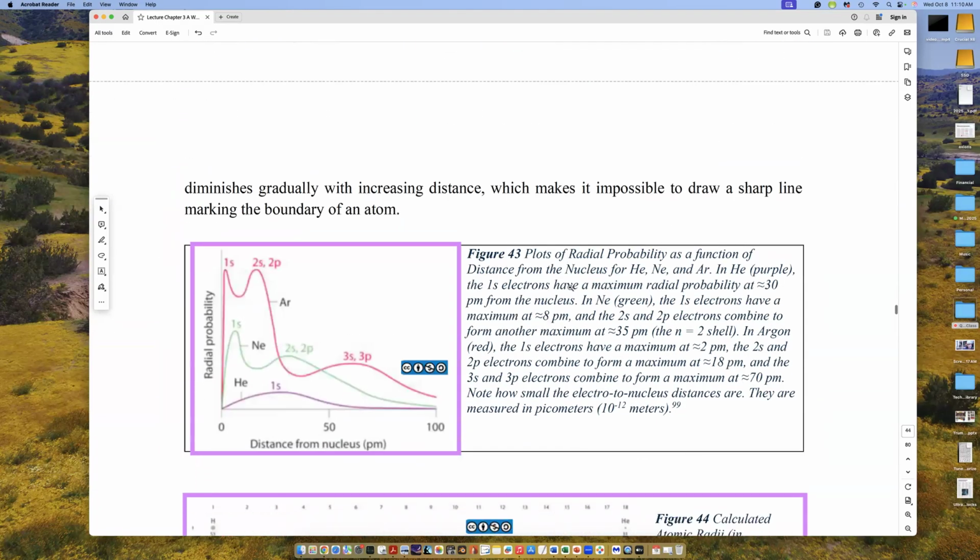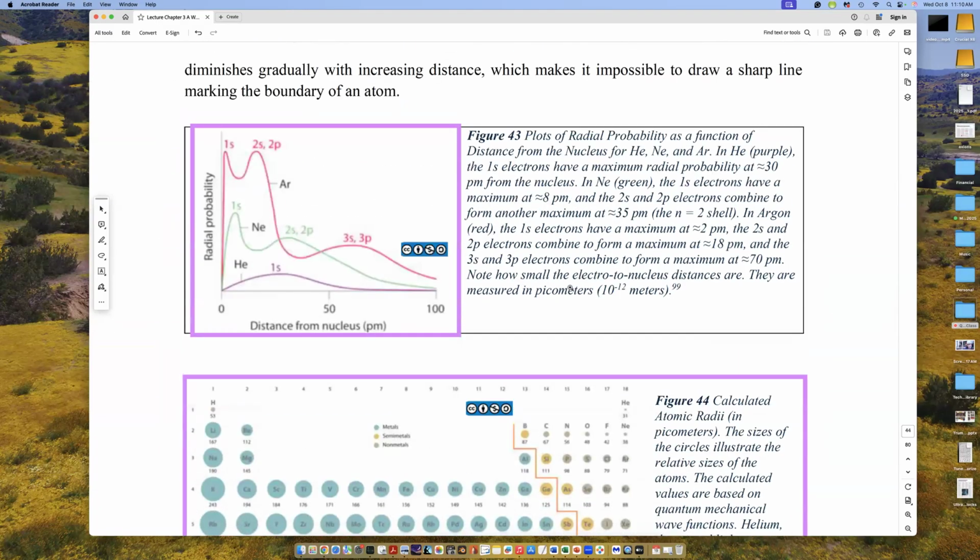And as you're doing that, you're altering the positions where you're most likely to find the electrons. These are the wave functions, the predictions of the probability of finding the electrons of argon. So you get its lowest energy electron, this is where the nucleus is, where it says 0.